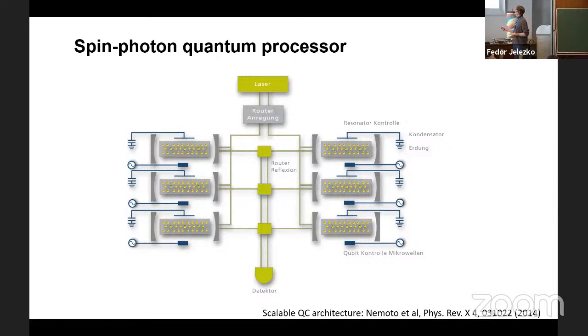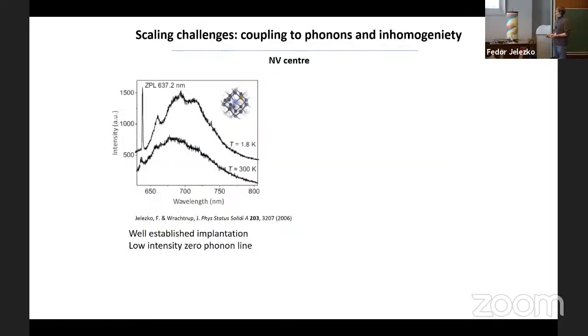to have very identical emitters in terms of optical transitions and have a very efficient coupling between photons and spins. So color centers do have this coupling. Remember, spin transition is connected to an optical transition, but how efficient, how strongly, and these photons need to be also coherent in terms of interfering on the detector.